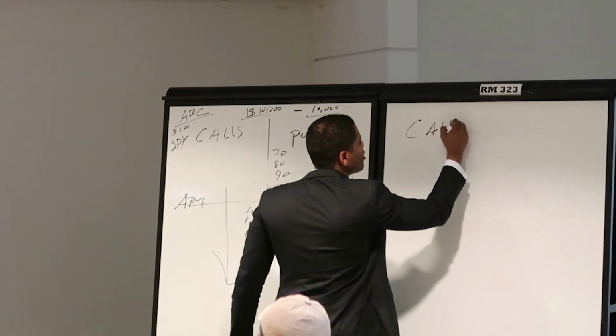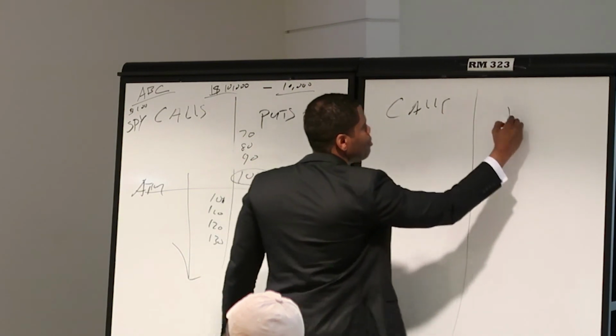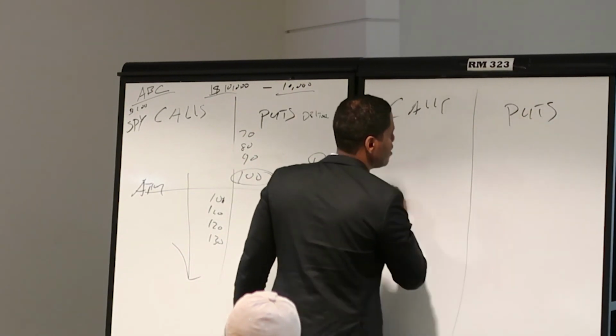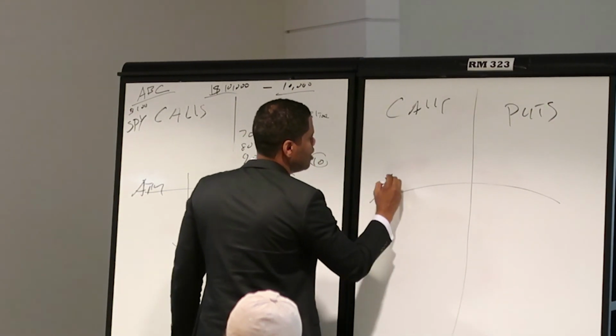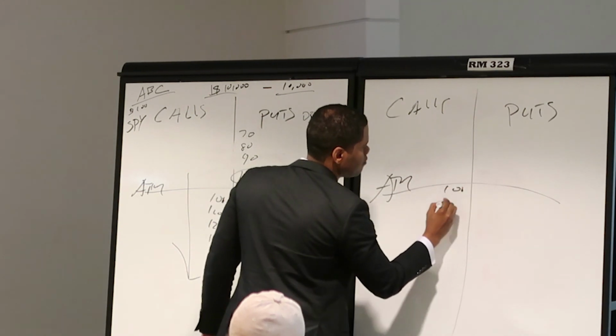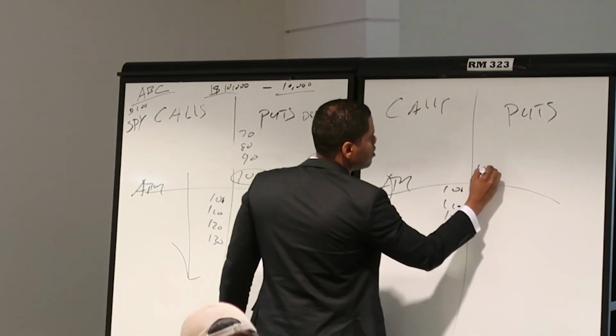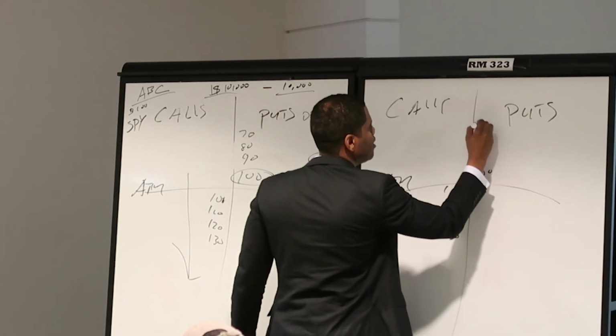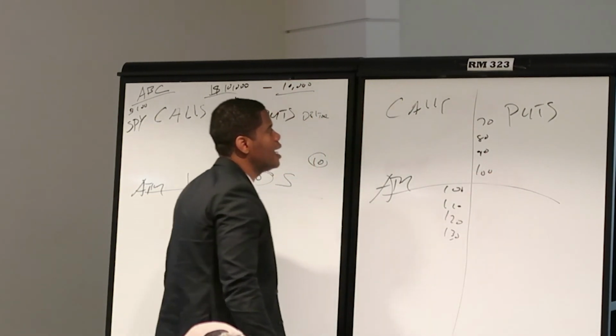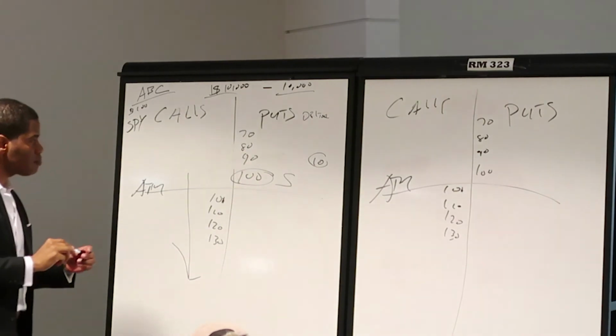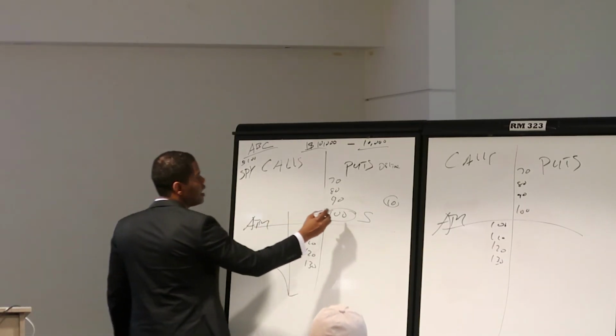This is the difference. We got calls to the left, puts to the right. This is the at the money line. We got 100, 110, 120, 130, 100, 90, 80, 70. And let's say you had this position of the put spread, right?